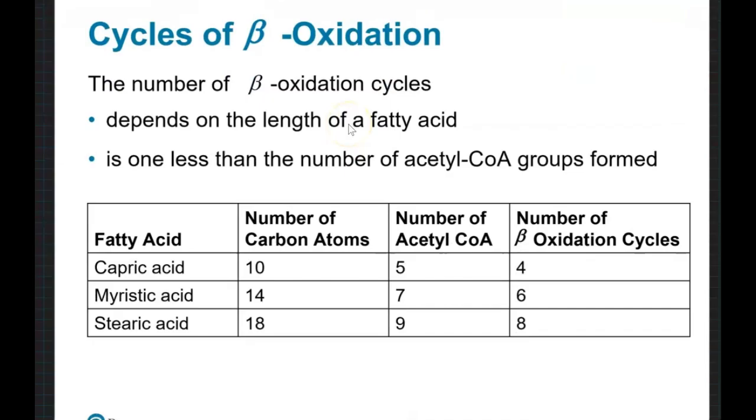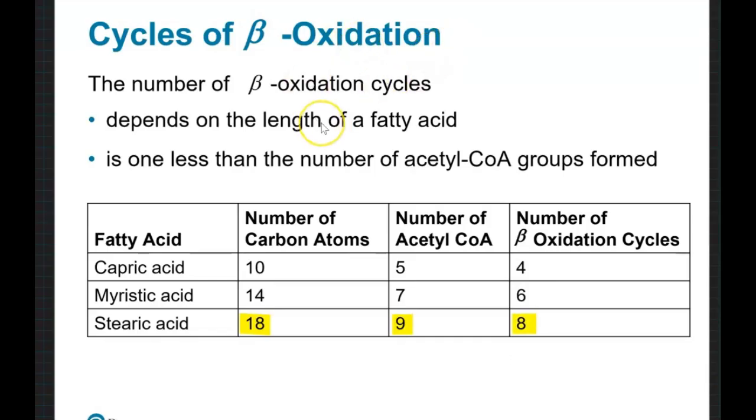So all in all, beta-oxidation per molecule gives you more energy. It's not a fair comparison though, because we need to compare per carbon rather than per molecule. So look at this. Let's talk about stearic acid. Okay? So what you're going to get is 9 acetyl-CoAs in 8 oxidation cycles.